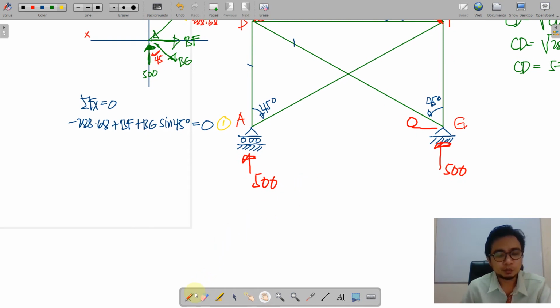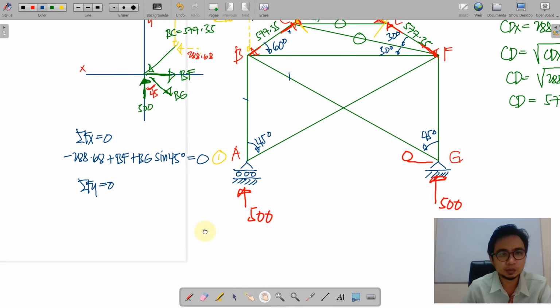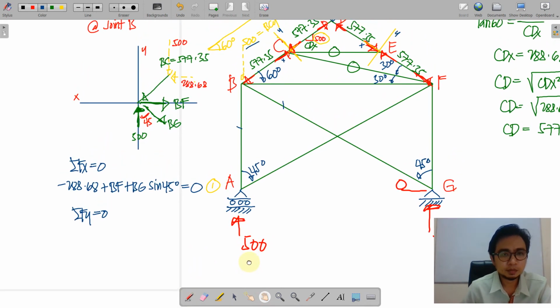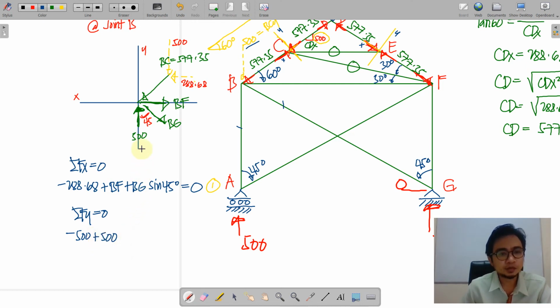And then we perform again summation of forces along Y is equal to 0. We have going downwards 500 negative, plus going upwards 500. So by these two alone, your vertical forces are now in equilibrium.